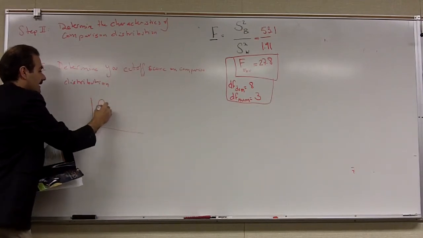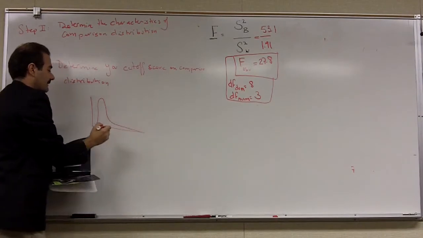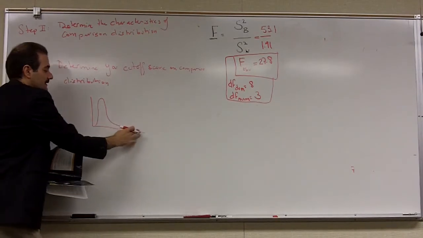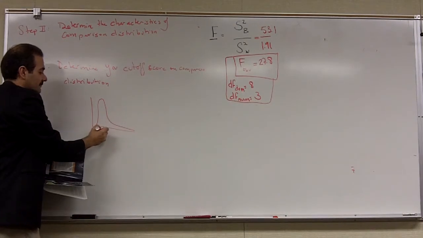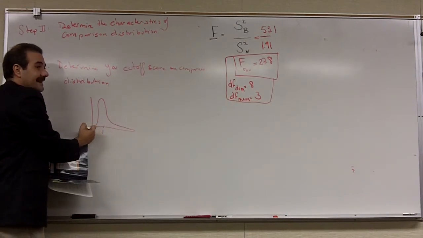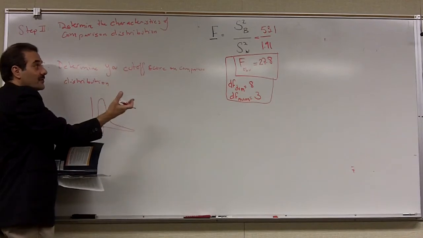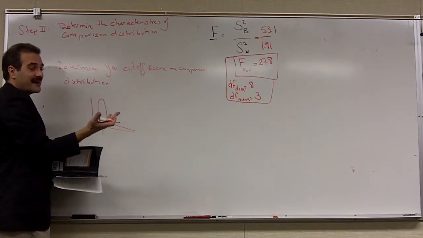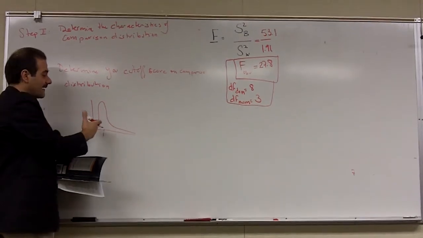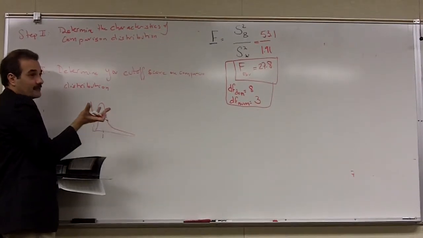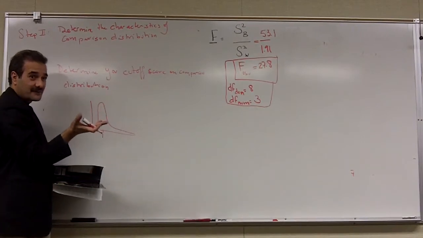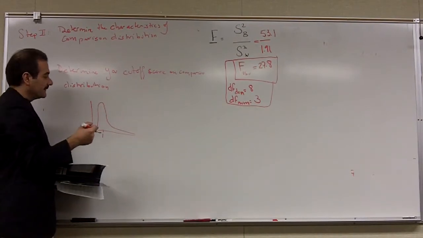It's not perfect, it's just to allow us to see what the distribution looks like. Typically, this would be around 1. You won't get anything negative because F is a ratio made out of variances, and variances cannot be negative. So you always have it positive above 0. But it could be between 1 and 0. That could happen, especially because of rounding error and because of error in general.